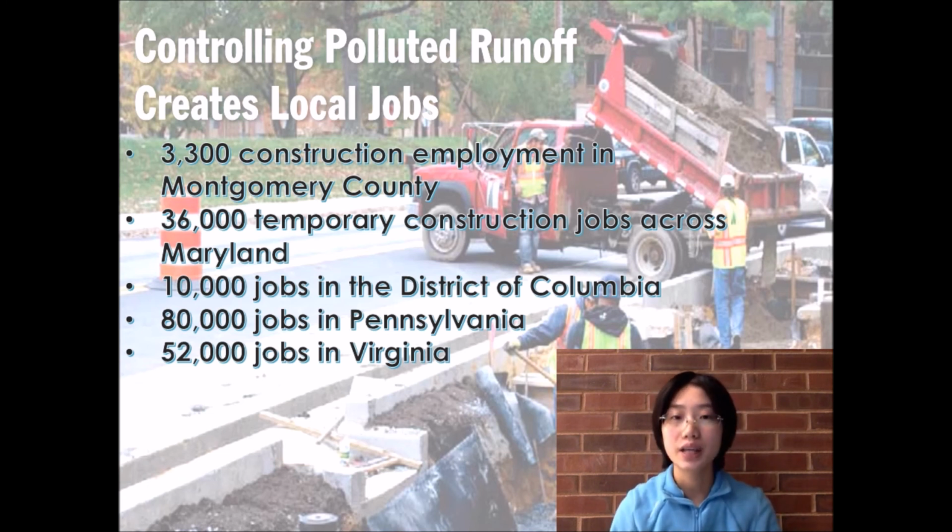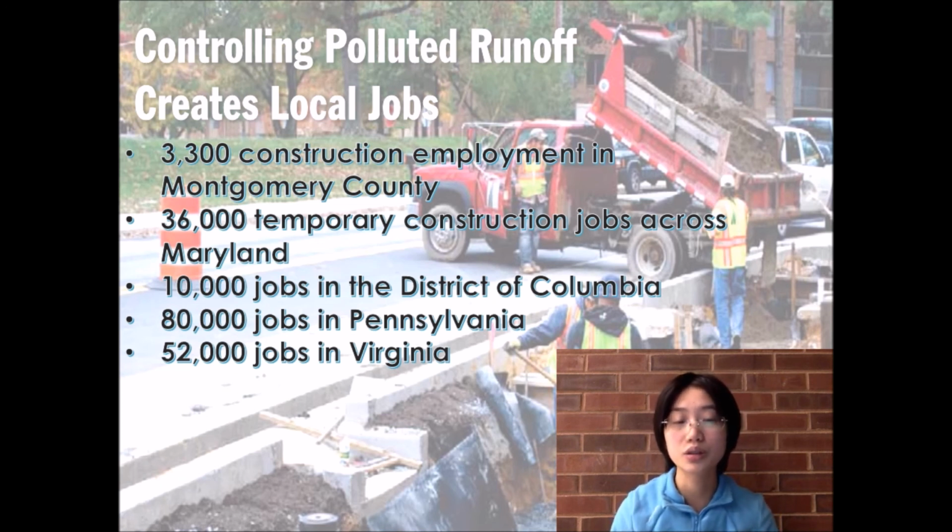First, let's look at Montgomery County, since it's the most active one in building up a network of stormwater pollution control devices. It is reported that roughly 3,300 construction workers will be employed over the next 3.5 years to contribute to the projects.